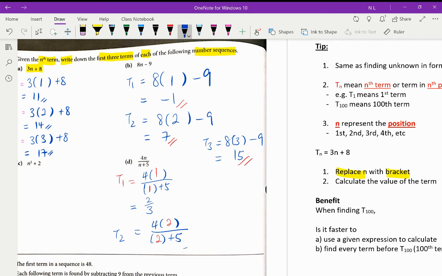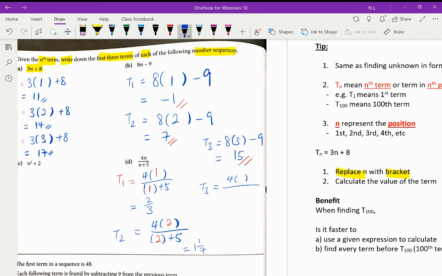After I calculate, it will give me 8 over 7. So 8 over 7 will be my answer. But since it's an improper fraction, I need to reduce it to a mixed fraction, which is 1 whole and 1 over 7.